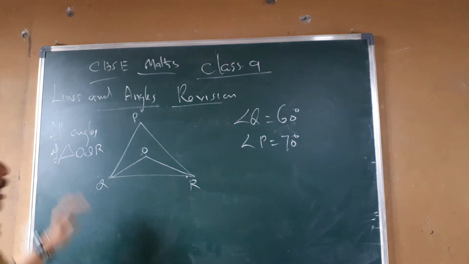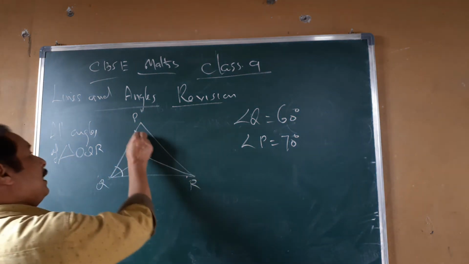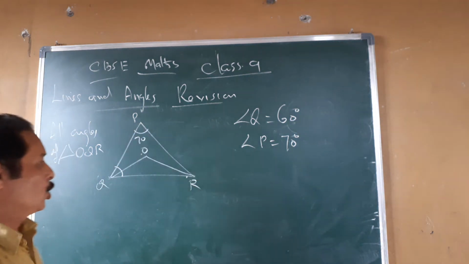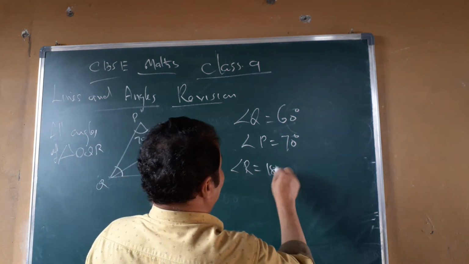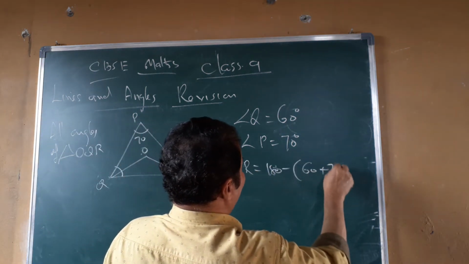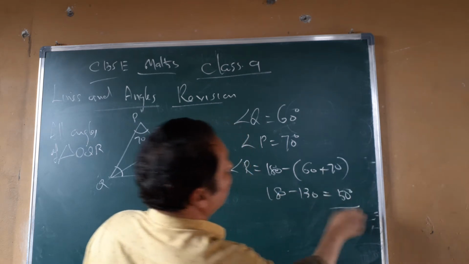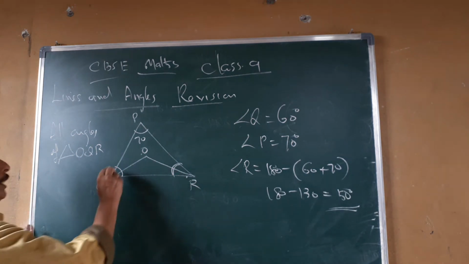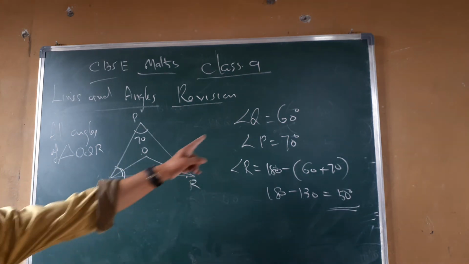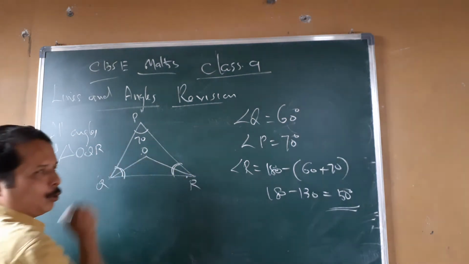What is the third angle, angle R? 180 minus 60 plus 70, that is 180 minus 130, you get 50. So the total angle R equal to 50. Total angle Q is given as 60.